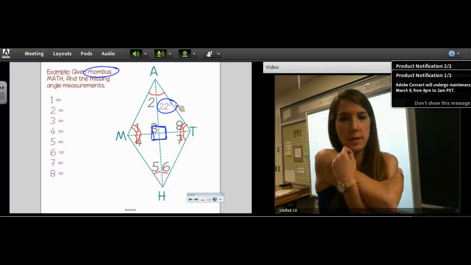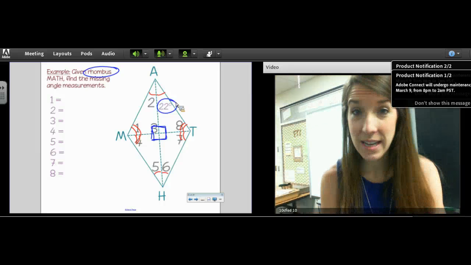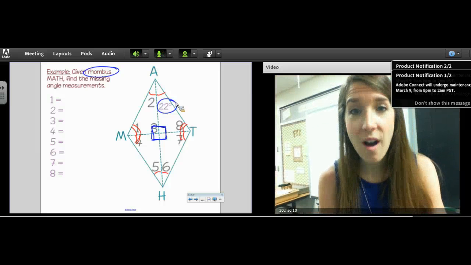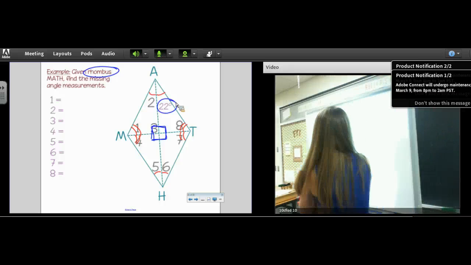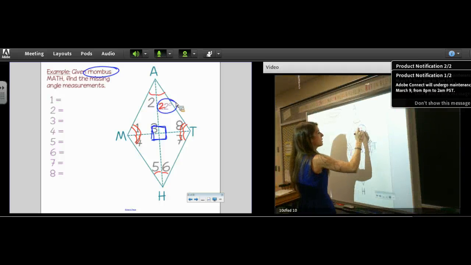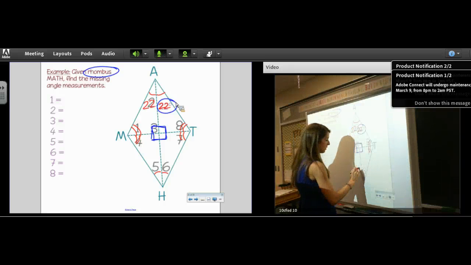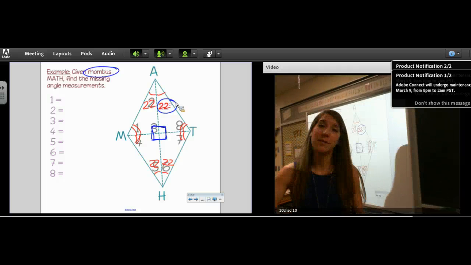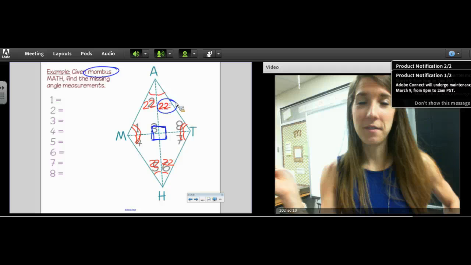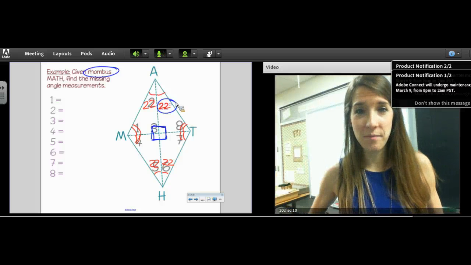So that's how a rhombus works. The opposite angles are still congruent, but they also get cut in half. Two things happen. So I can start filling things in. 22, 22, 22, 22. Now we're going to have to use one of our dusted off properties from yesterday.